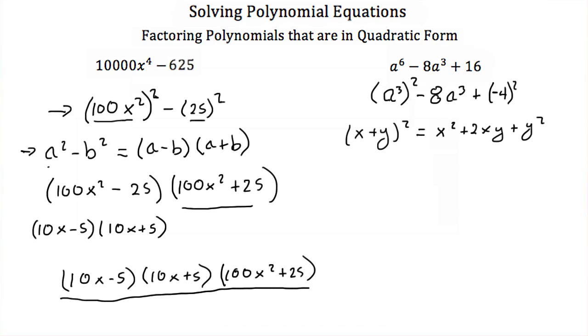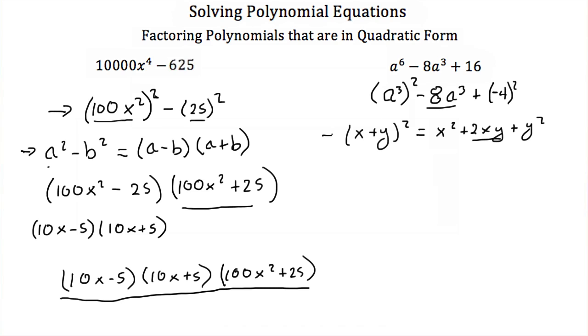Well, here we have a cubed squared, so if we said a cubed was x, we would have an x squared. And then if a cubed was x, and we multiplied it by 2, we would have a 2a cubed, but then we need to multiply it by y, and we said y is negative 4, so this term would fit this identity, and then negative 4 squared would be our y squared.